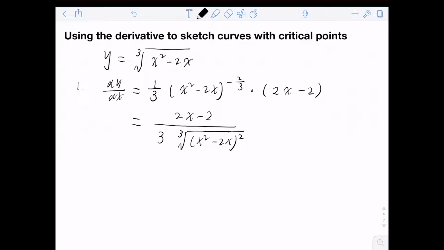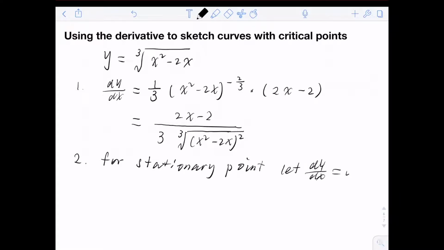Now for the stationary point, as normal, what we do is we let the first derivative equal to 0. We let dy/dx equal to 0.